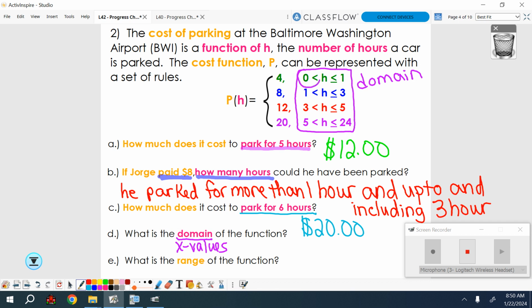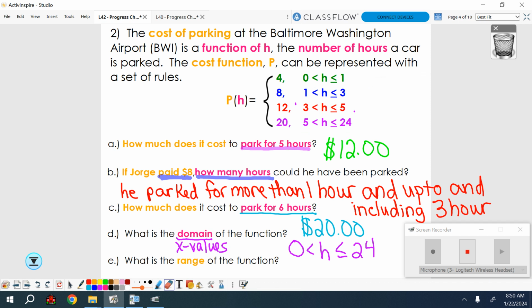The lowest number in my domain is 0 hours, okay? And it's got a less than symbol there. The highest value I have in my domain is up to and including 24 hours. So these rules go from we park anywhere from 0 hours up to and including 24 hours.